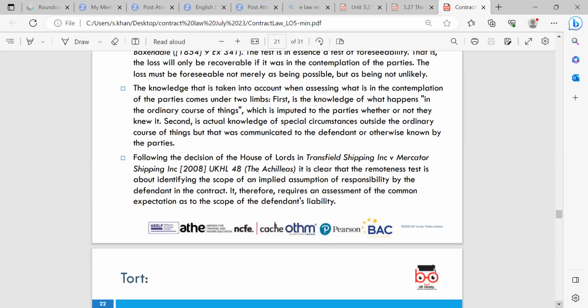Another case where the application of remoteness can be seen is Victoria Laundry (Windsor) Limited v Newman Industries, 1949. In this case, the claimant purchased a large boiler for use in their dyeing and laundry business.